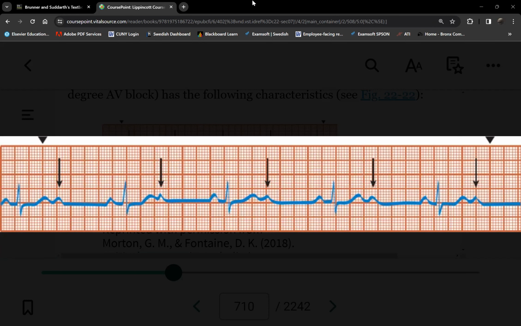The PR interval remains the same. So here to here to here, it's long, right? But it's not getting longer. It's consistently long. However, is there only one or a few blocked QRSs, or is the patient now having multiple missing QRS?